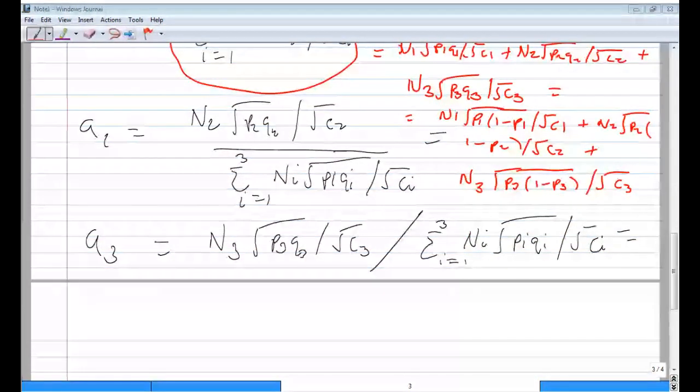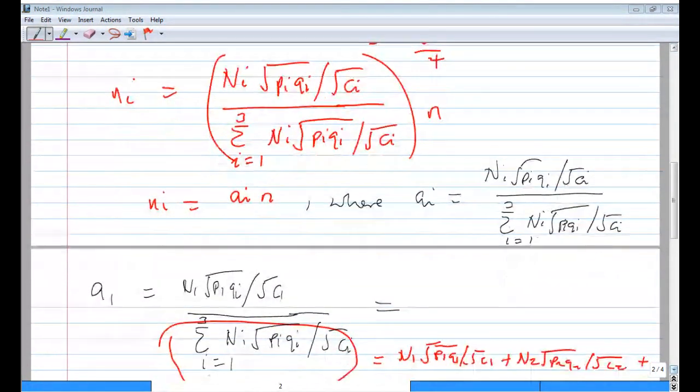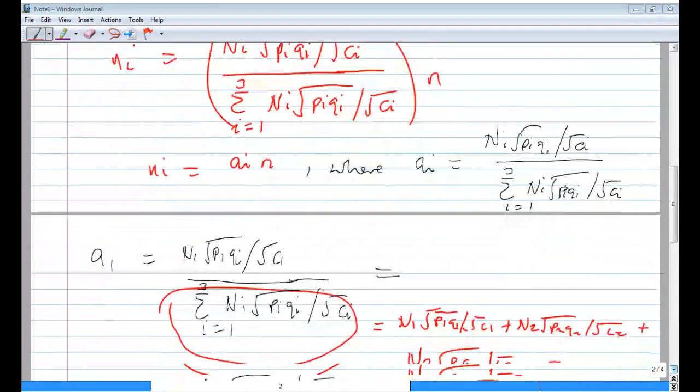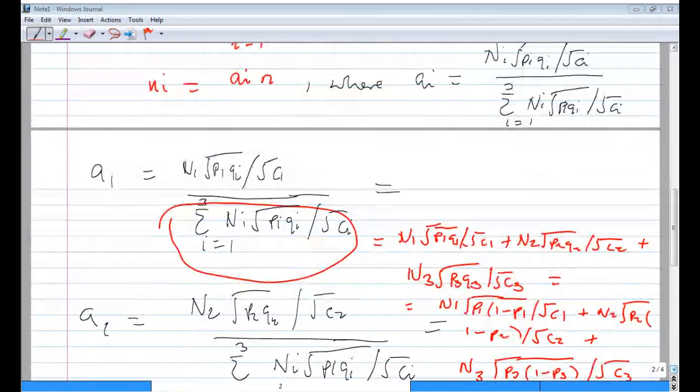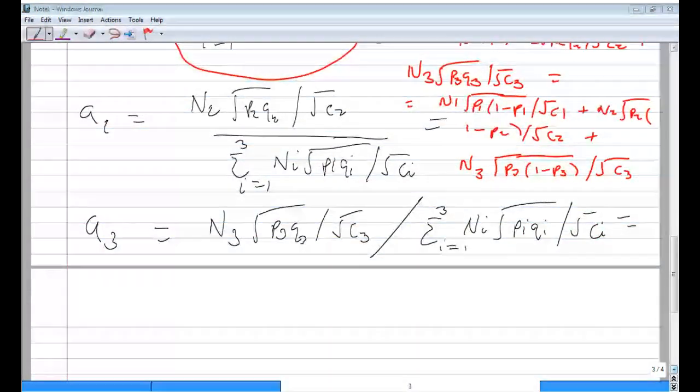I'm having the denominator being 41.241. Can I please get confirmation? Okay, let me just check. You're saying here, oh, can I write it down there?